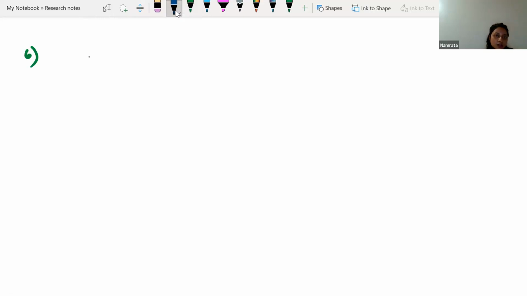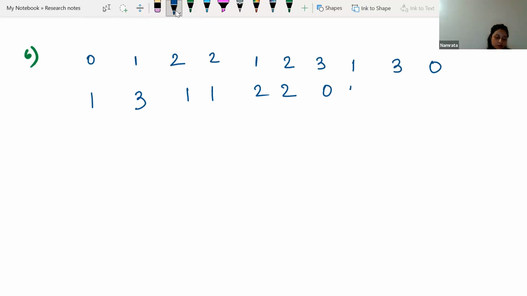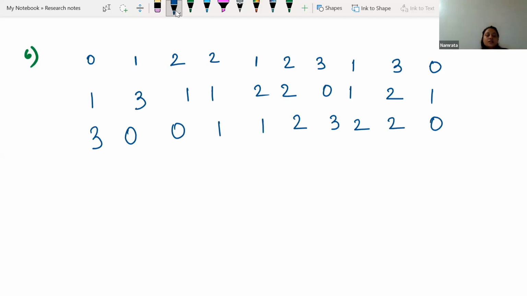But when it is not given, let me write the data: 0, 1, 2, Okay, these are the given data.